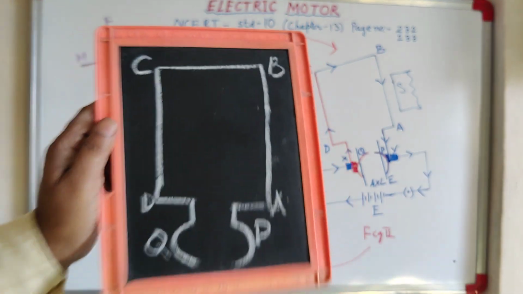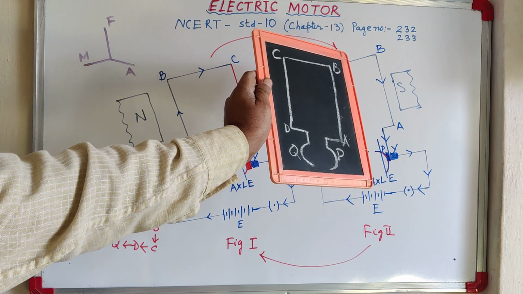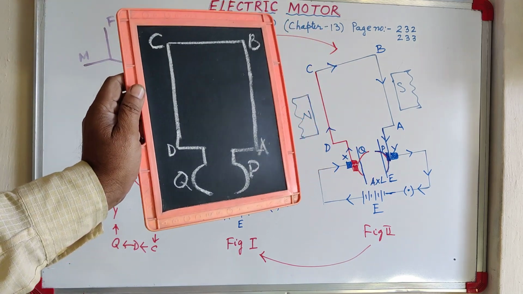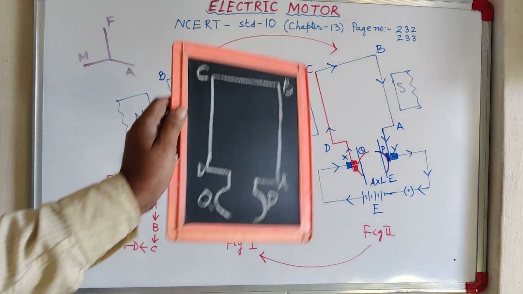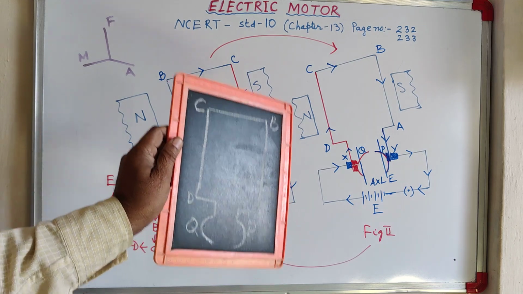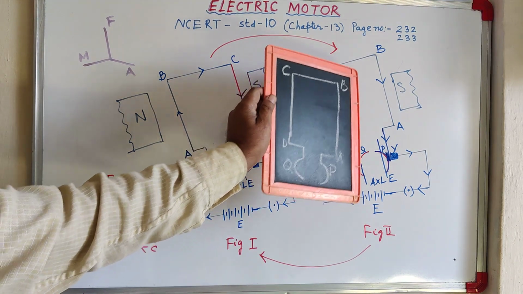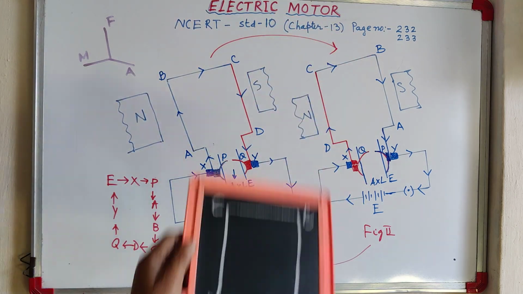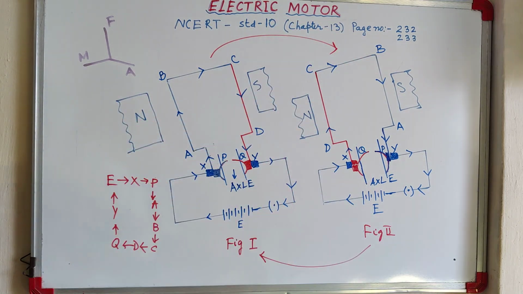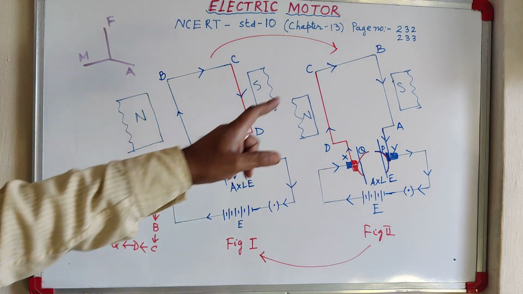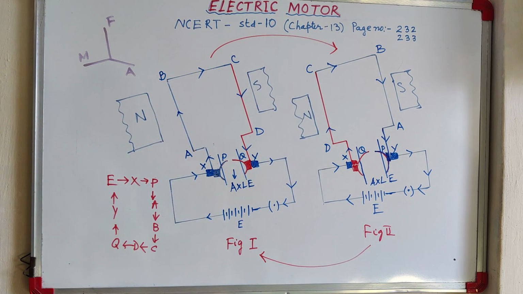Now the motor has taken the position of the second figure. In the second figure, AB has gone to the right side and CD has come to the left side. Means CD has come to the north pole side and AB has gone to the south pole side.